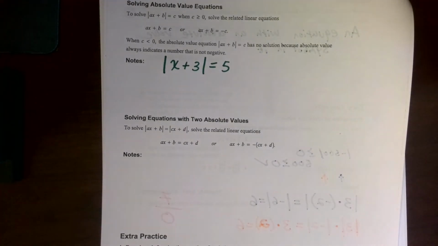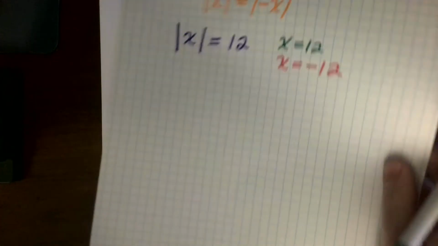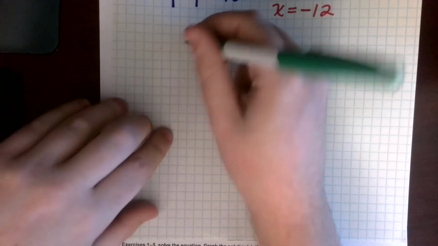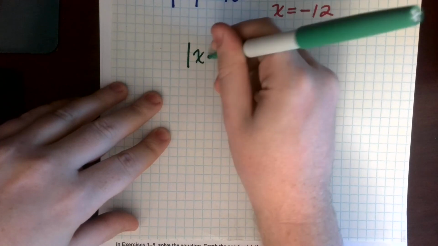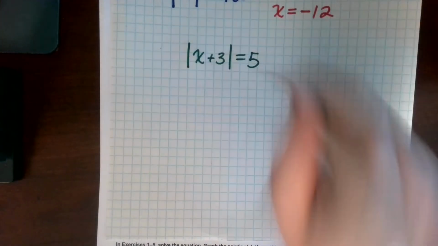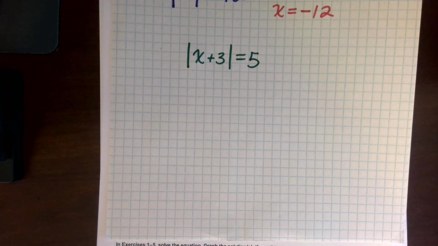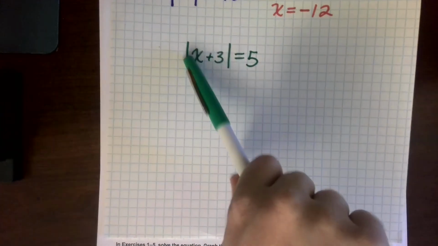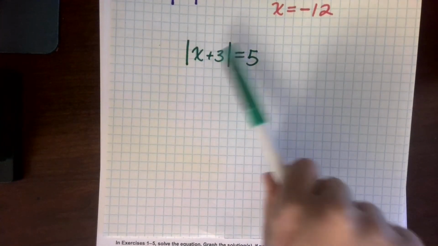Now, when you're looking at this for the first time, it might be nice to try to guess, or guess and check, I should say, what numbers of x work. Well, as I'm looking at this, the absolute value of something plus 3 equals 5.